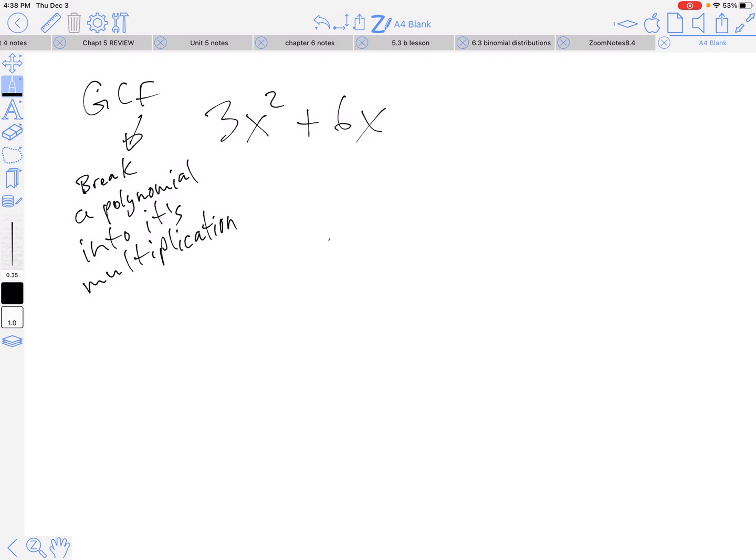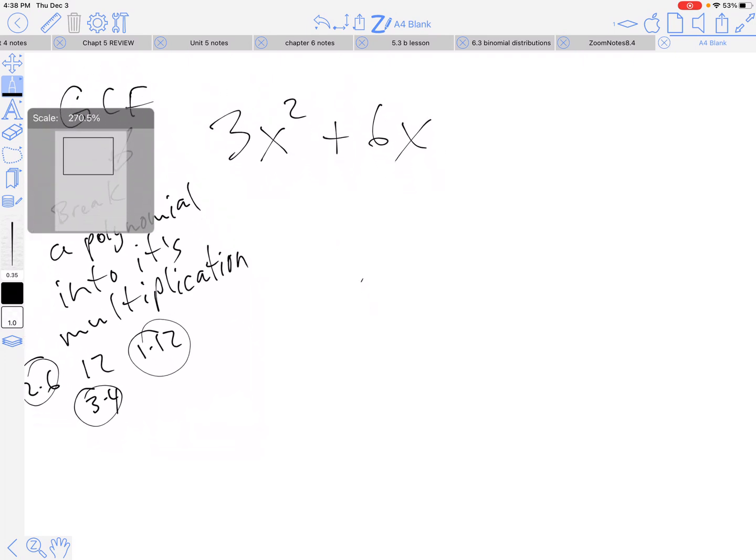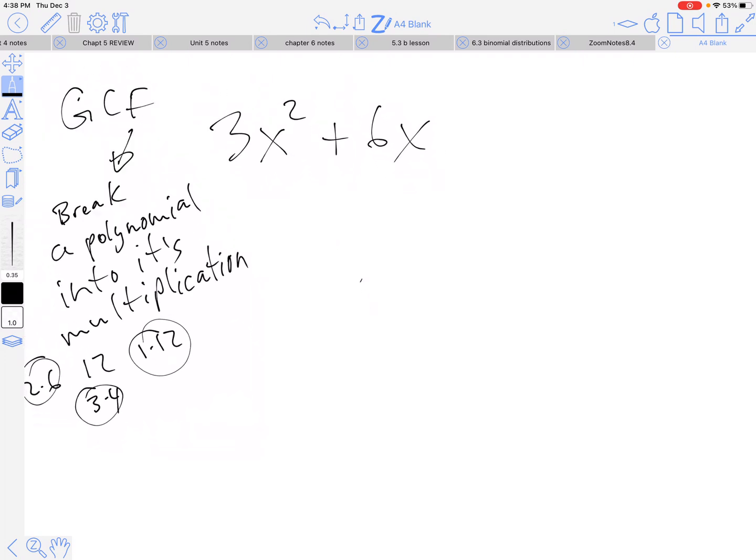So if I had the number, let's say 12, I could factor it by saying 3 times 4. Those are two of the factors. Another way I could factor is 1 times 12, 2 times 6. So these are all factors of 12, right? So now that we have something a little bit more complex, and with letters, we're just breaking it up into a multiplication problem, okay? So GCF means find the greatest common things that multiply to create it, right?